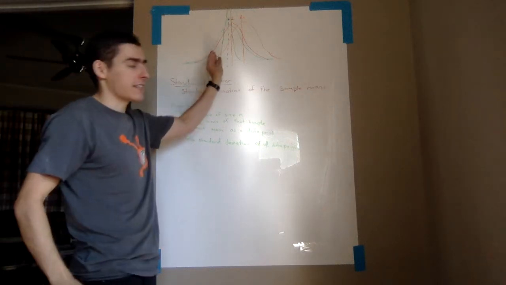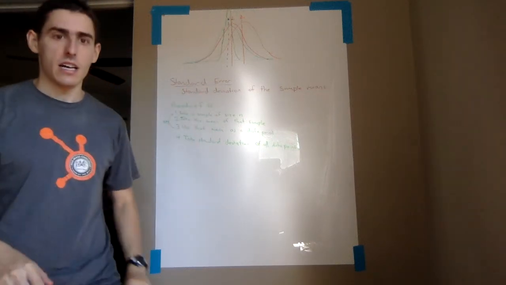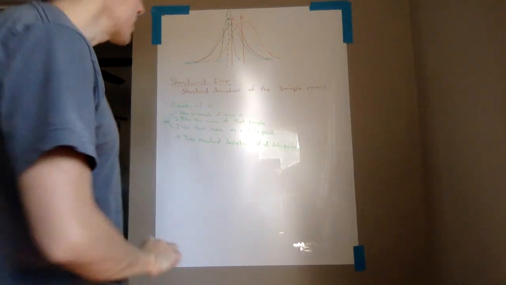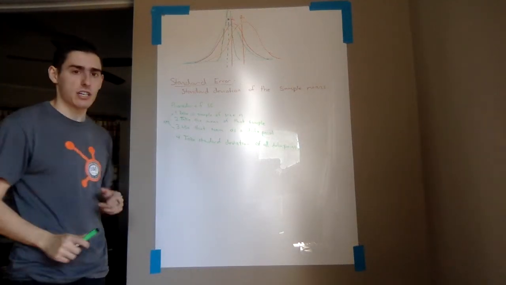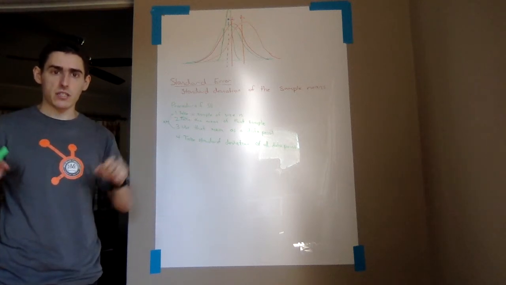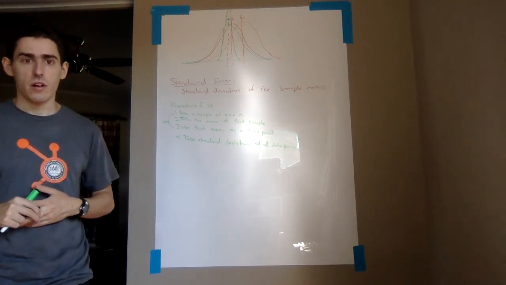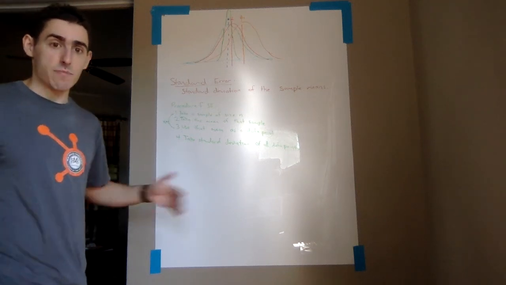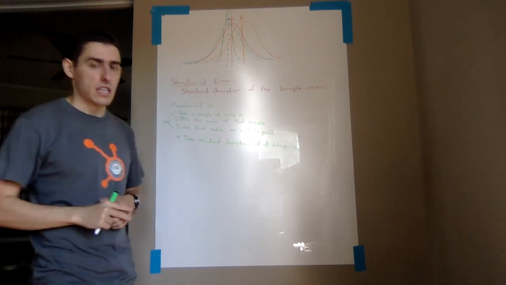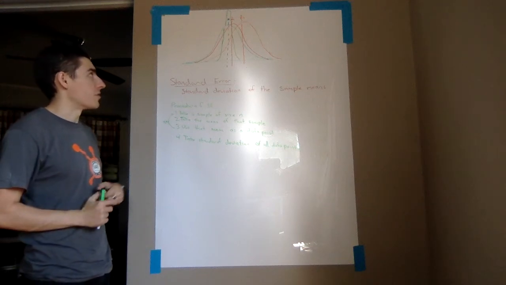So we get data points that are much closer to the true population mean, less spread out than the true population.